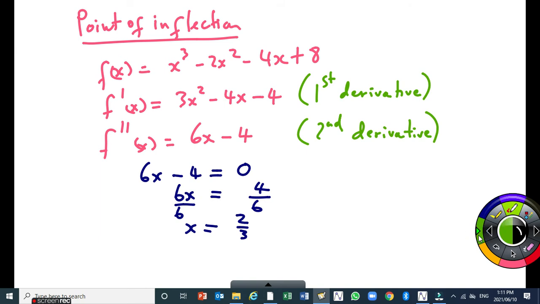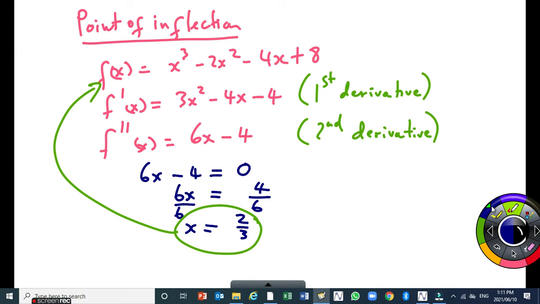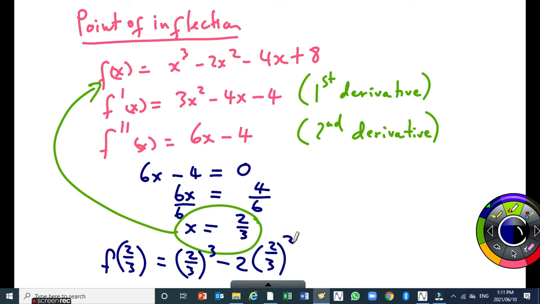Right? So here, this x value, we have to substitute back there. Don't substitute into the first derivative or into the second derivative. So f of 2 over 3 will be equal to 2 over 3 cubed minus 2 times 2 over 3 squared, minus 4 times 2 over 3 plus 8.